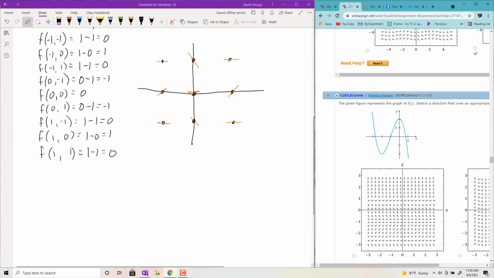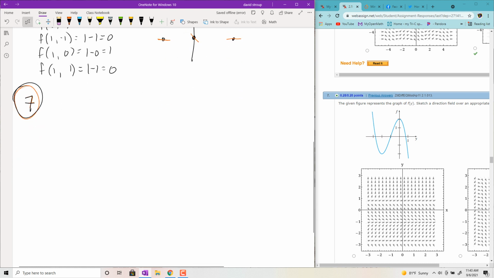Okay, so this is number 7 in WebAssign. Go back to black. So draw this thing out. So this is the graph of the dy over dx. They're not going to give it to you, but they are telling you it's only dependent on y.